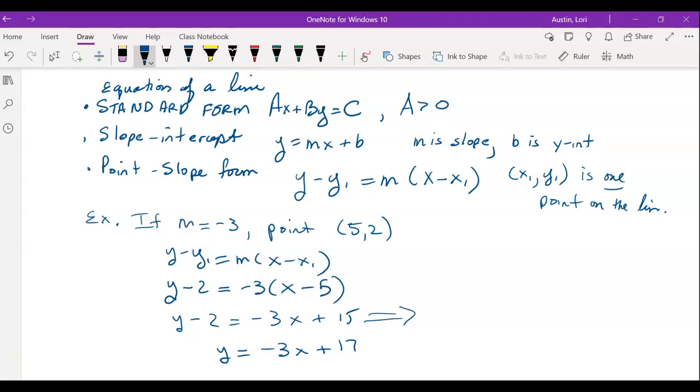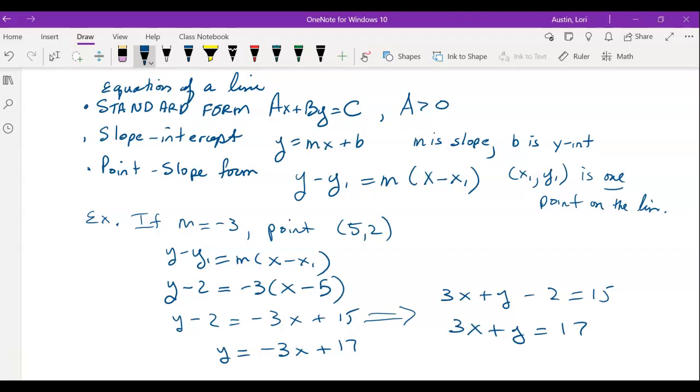To do standard form, the 3x has to come over, so it would be 3x plus y minus 2. Make sense? Okay, that's the only thing. When putting things in standard form, the x term has to be positive and has to come first. So if you moved everything to the other side, you just have to flip it. So this is your standard, and that's your slope intercept.